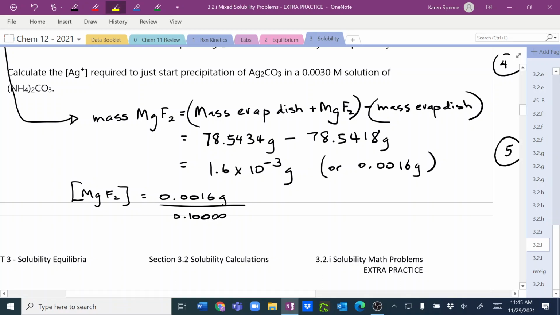I went from having like a million sig figs to having only 2. Yes? Because when we subtract, it goes to our first uncertain digit, which is that one there. So even though I've got 100 milliliters to like a billion digits, it really doesn't matter. Divide by 0.1 is 0.016 molar.